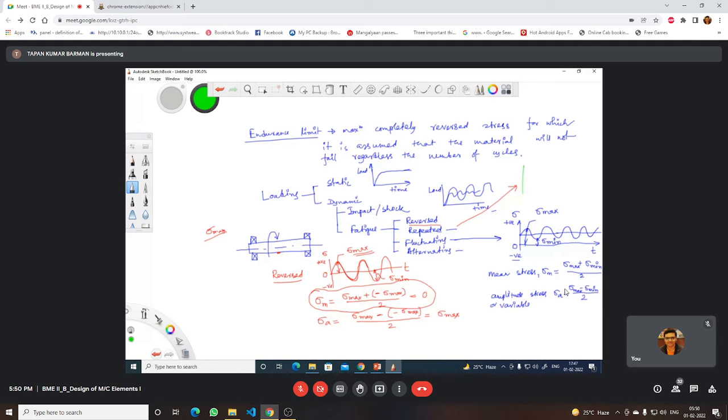What is repeated then? The repeated loading will be like this. Your mean line is here, but your time axis is here. That is sigma.